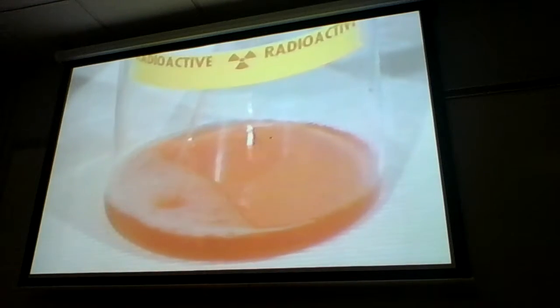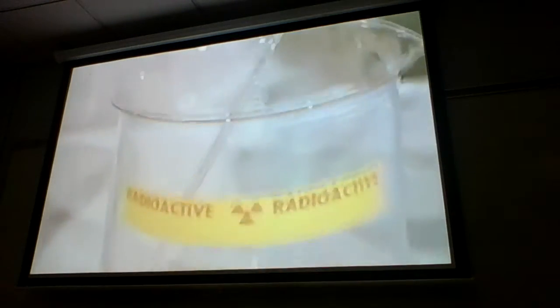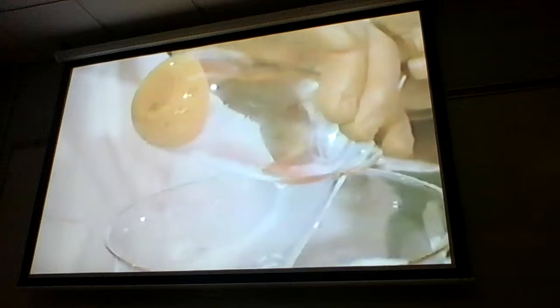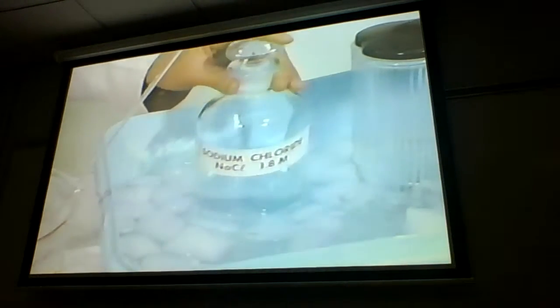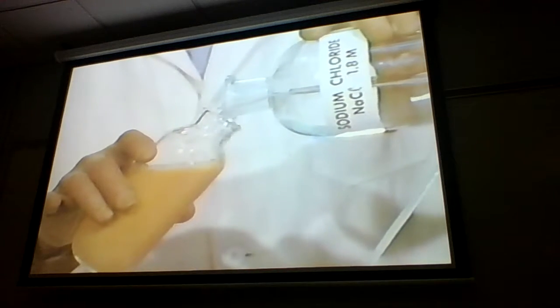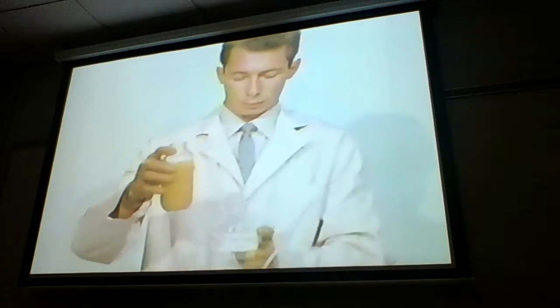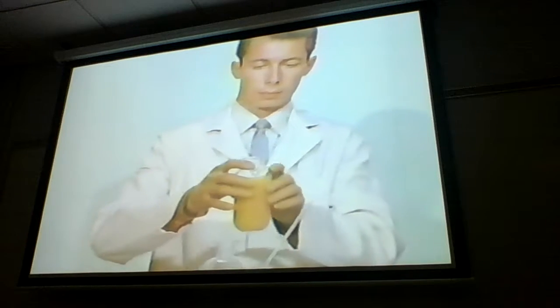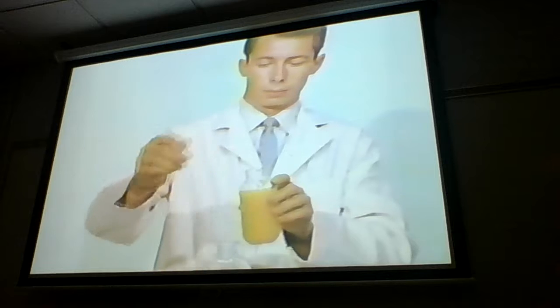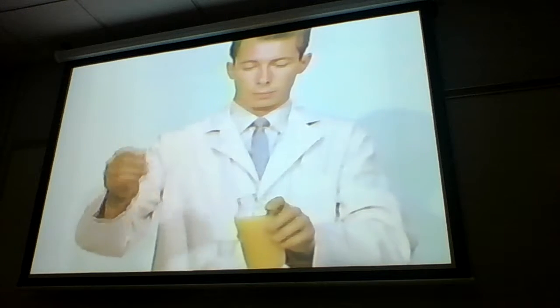By this means, the cells from large volumes of the culture medium are finally concentrated into one cup. The cells are then resuspended in cold sodium chloride solution to dissolve the DNA. The low temperature retards enzyme action.